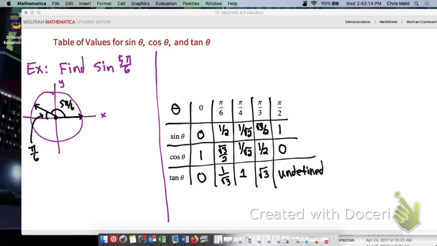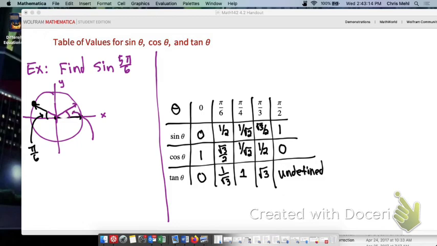Now, sine of 5 pi over 6 would be the y-coordinate of that point over here. Now, what I'm going to do is reflect the terminal side back over into the first quadrant.